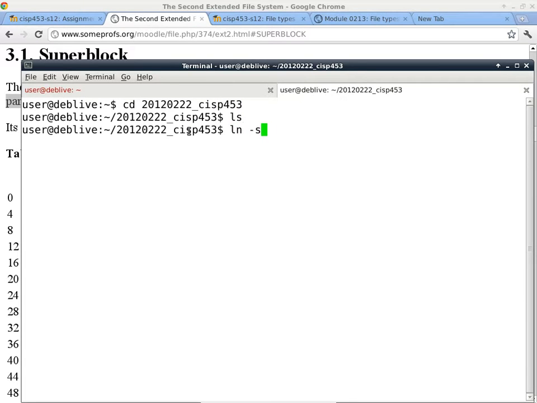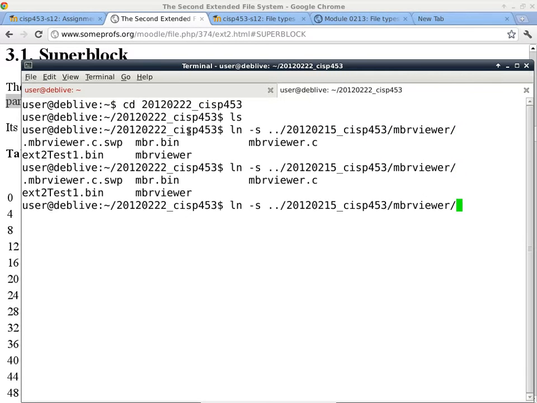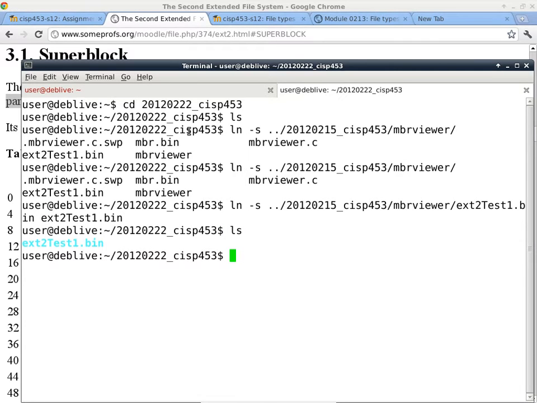So I'm going to use a ln -s to create a symbolic link to the folder from last time, which is 0215. Oh, no, the extension 2 test 1 is over there. And I have to give a name for this particular folder. Let's call it the same thing. Okay, so when I ls, you can see there's a file called extension2 test1.bin here.